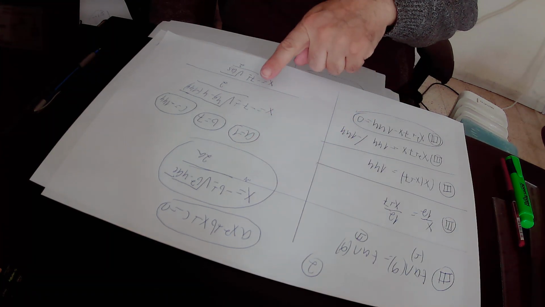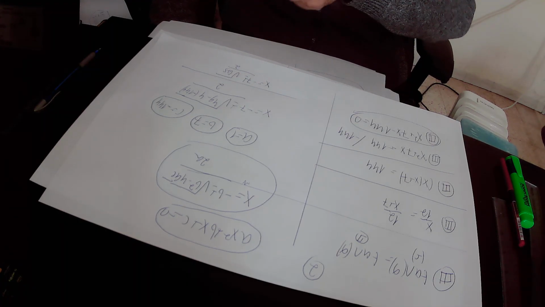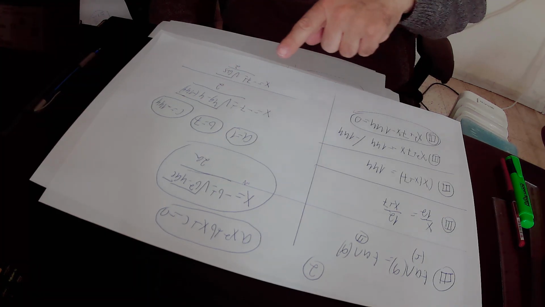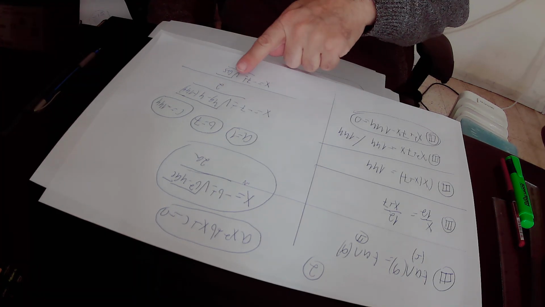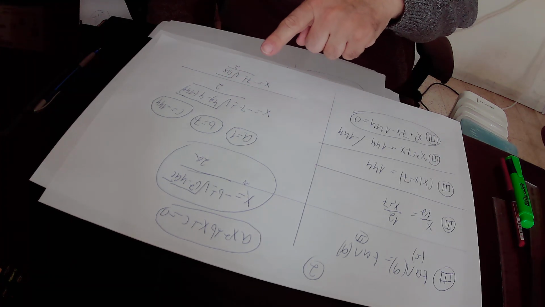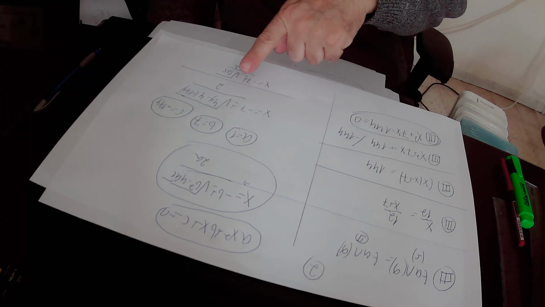Okay. So according to this formula, x equals minus b. b is 7, so minus b is minus 7, plus minus the square root of b squared. b squared is 7 squared, that is 49, minus 4 times a, which is 1, times c, that is minus 144, over 2a. a is 1, so 2 times 1 is 2. Inside the root we have minus 4 times minus 144, which is plus 576.